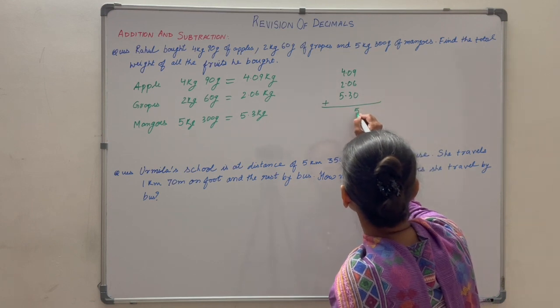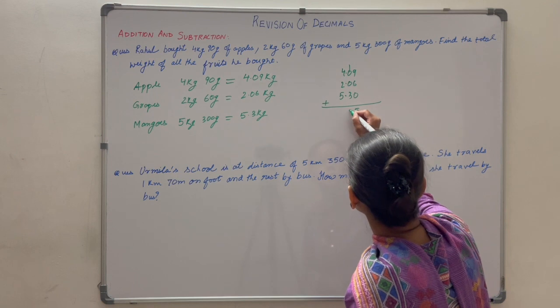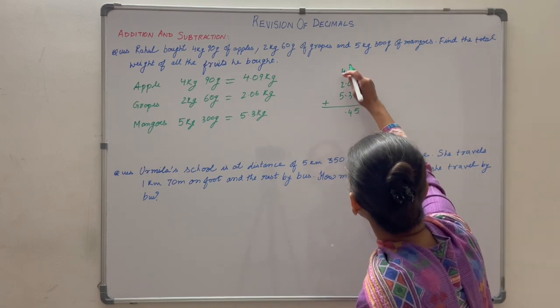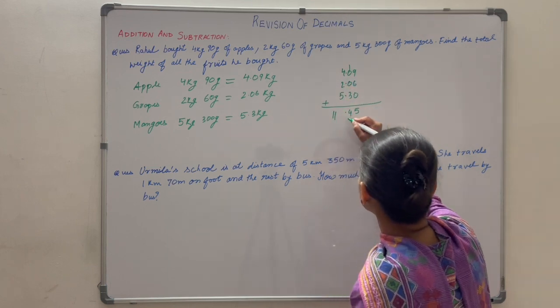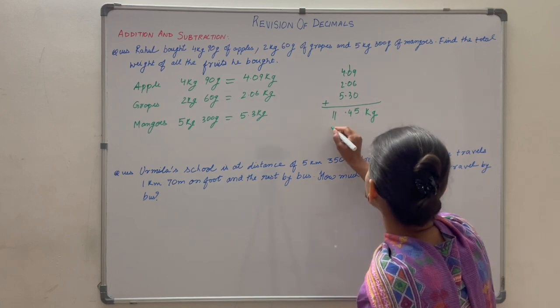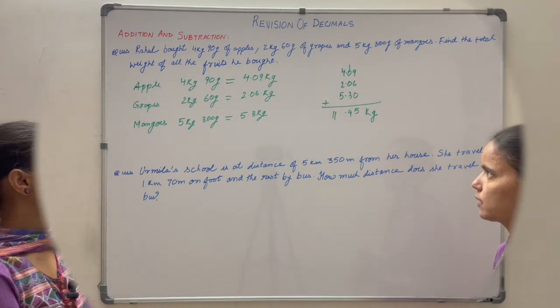Here it is 0. So 15, carry over 1. 3 plus 1 is 4. Place the decimal point below the decimal point. 4 plus 2 is 6. 6 plus 5 is 11. So this is 11.45 kgs. That is the total weight of all the fruits he bought.